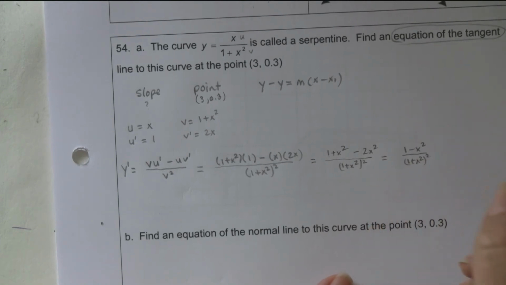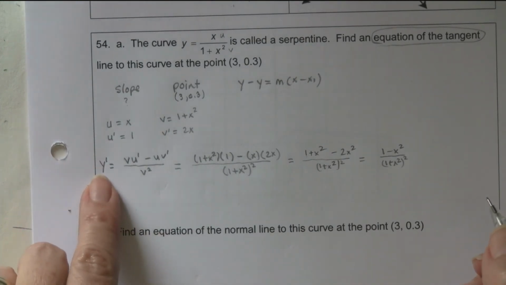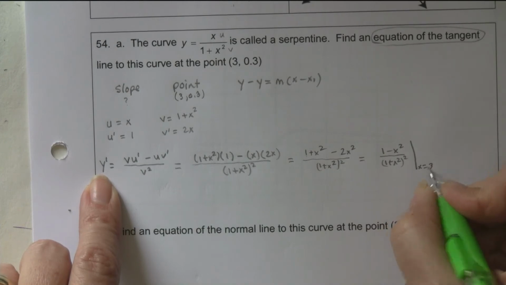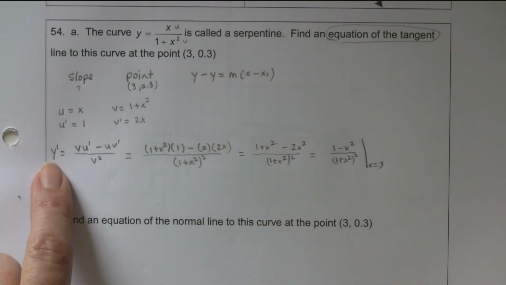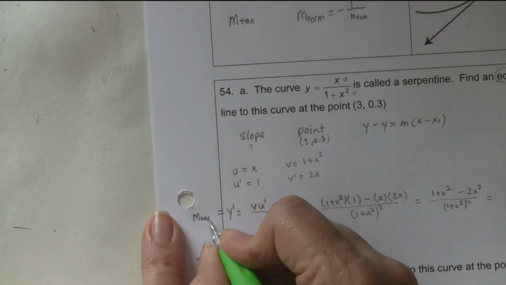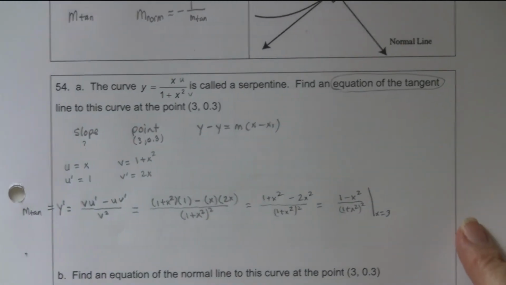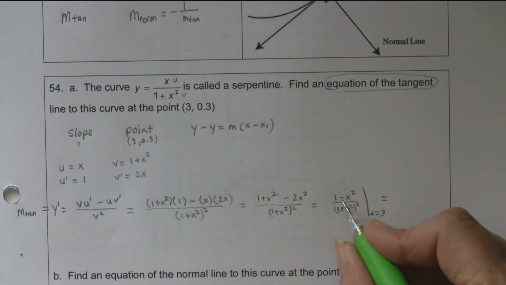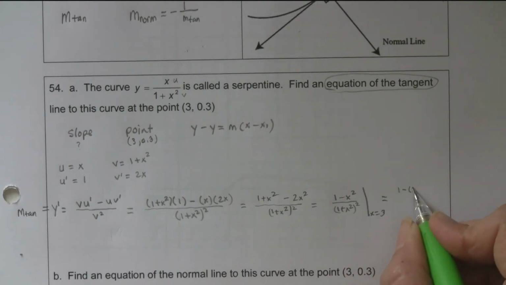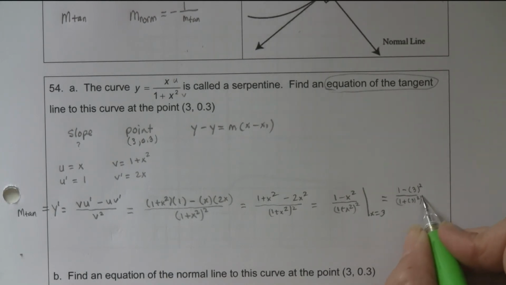And then they asked me to find the slope when x is equal to 3. So that's the next thing I'm going to do, is I'm going to find the slope, which is y prime. This is the slope of the tangent line, which is y prime, and that's going to be 1 take away 9, 1 minus 3 squared, over 1 plus 3 squared squared.